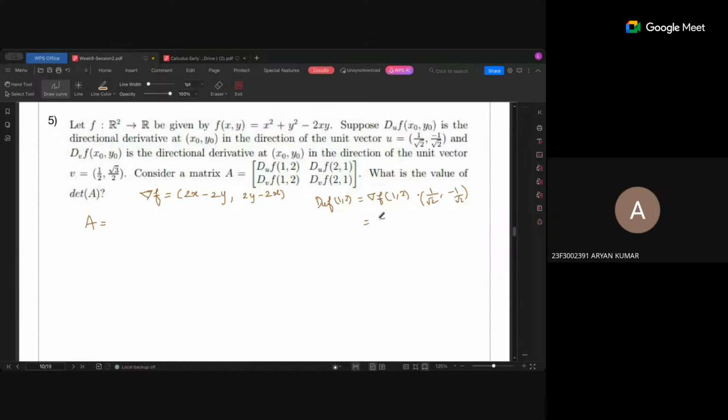It is minus 2 comma 2. So what is the answer? Minus 4 by root 2, or you can write minus 2 root 2.